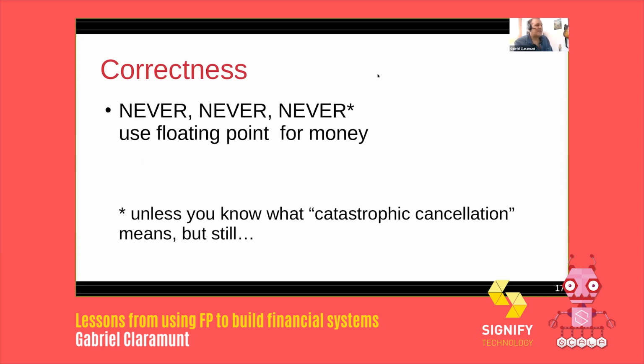Unless you know what catastrophic cancellation means, but still. Catastrophic cancellation is when you start propagating your error, and at some point the error is greater than the actual precision of the value. It's very easy in floating point to reach that situation where you have a huge number, you add a very small number, and then you subtract the huge number.